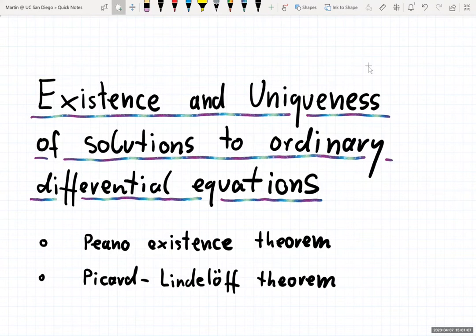We have seen a number of examples for ordinary differential equations. In some cases, those differential equations had explicit solutions that we could write down. And in other cases, we had no explicit solution, but we could conclude from the background in physics that the differential equation has a solution.